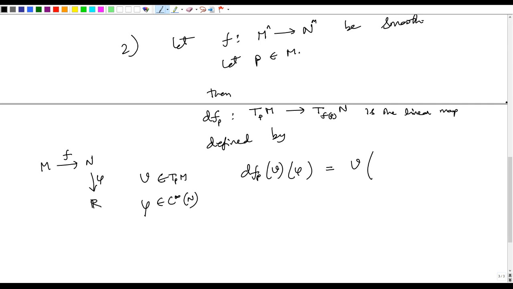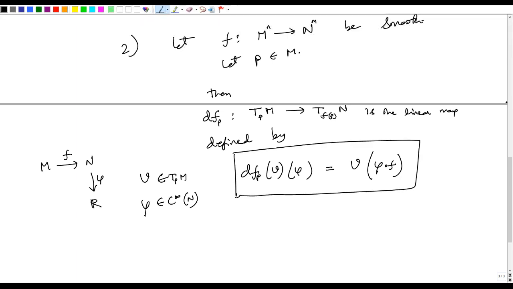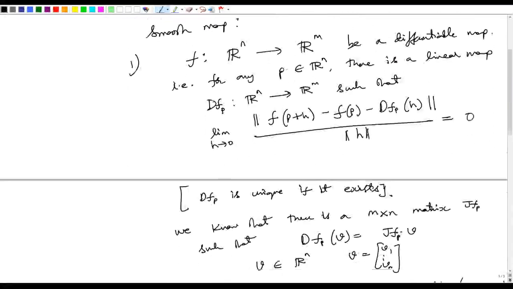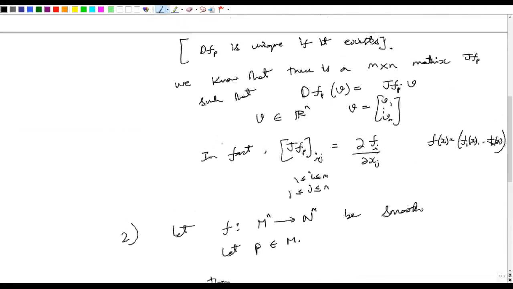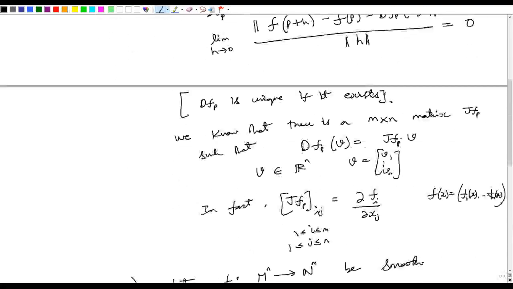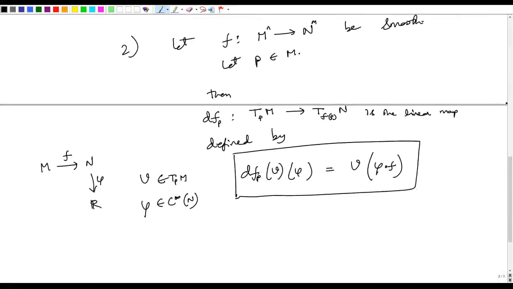P composed with F will be a C infinity function on M, and I let the derivation V act on that. So this is the very definition of a derivative for manifolds. But in either case, by definition, the derivative will be a linear map between corresponding vector spaces.